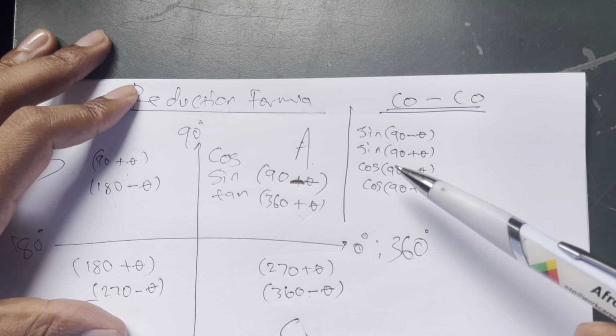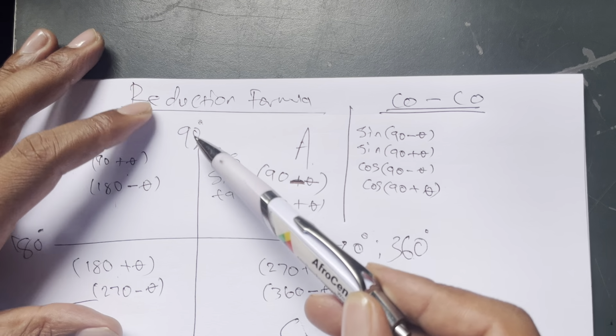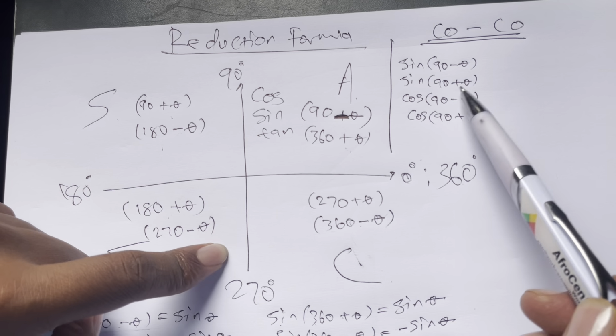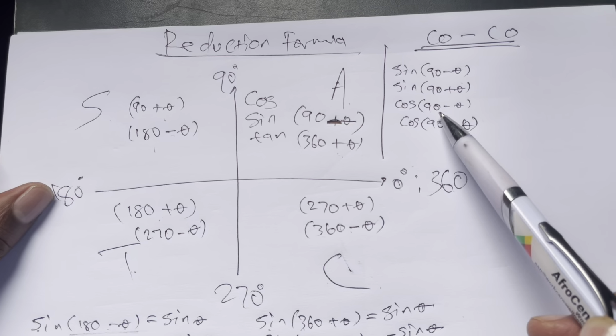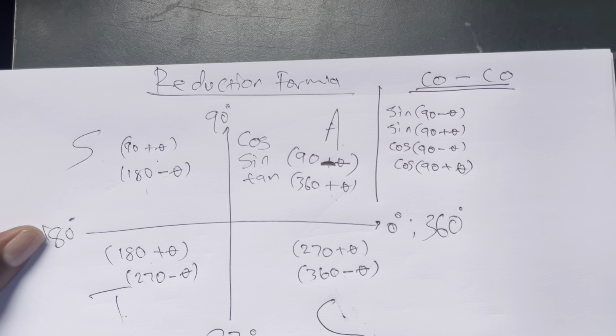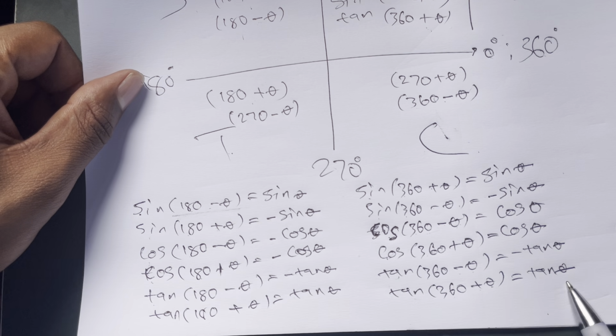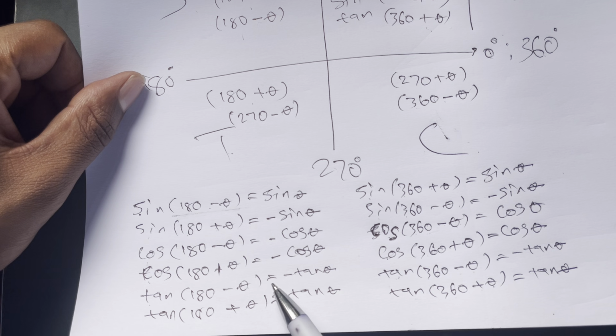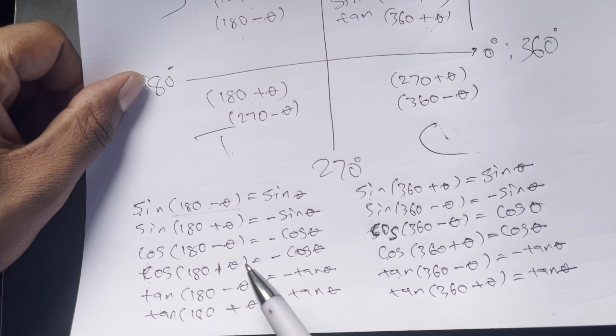The 90 and 270 work the same, but we're just going to do it for 90. You will notice here that there is no 90 and there is no 270, because it falls under cofunctions.